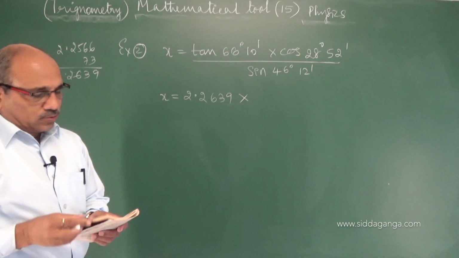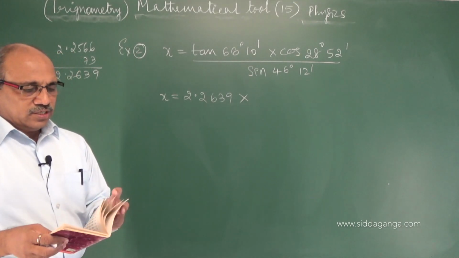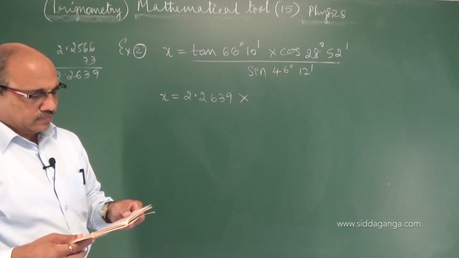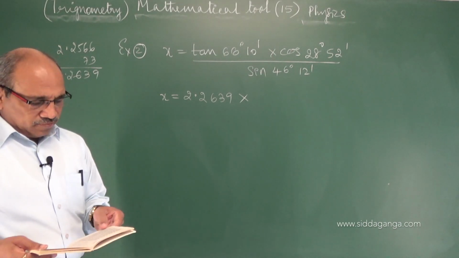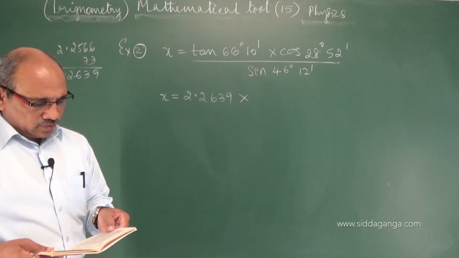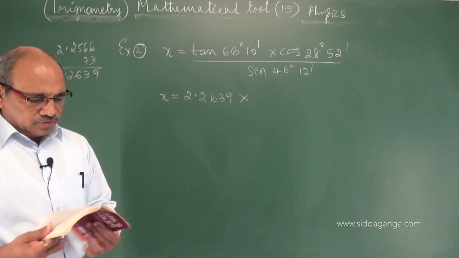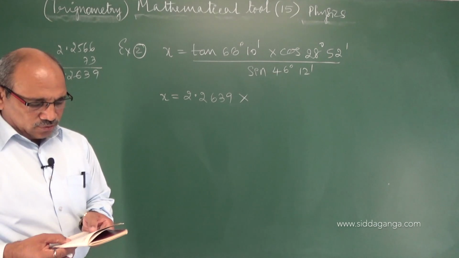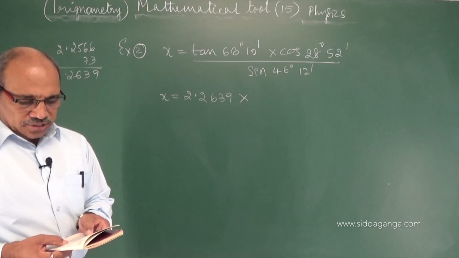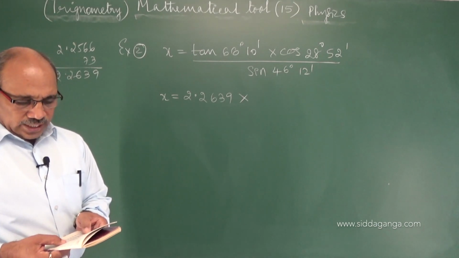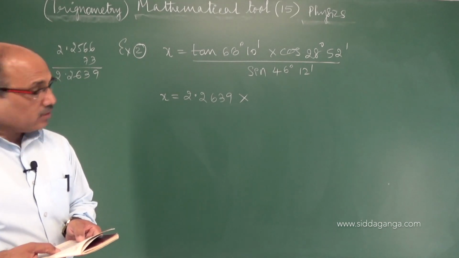Coming to the cos function, 28 degree 52 minutes. 28 degree 52 is not available, so you have to get 28 degree 48 minutes, which is 8763.